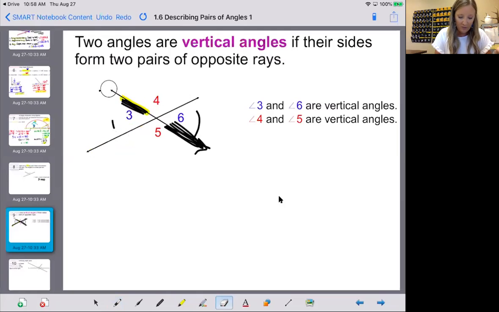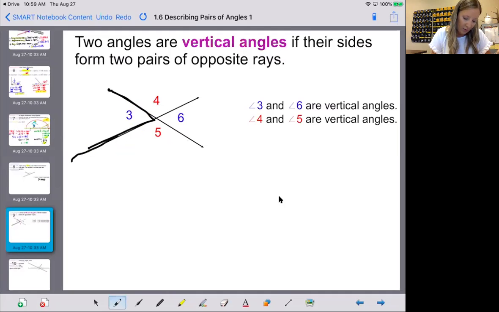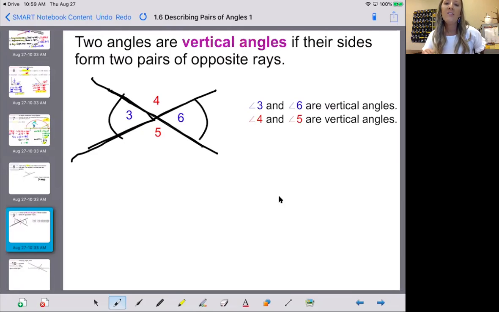On vertical angles, so like angle 3 and 6, if you trace out angle 3 and you just continue this line out and then continue the other line all the way out, you'll see that they actually form these angles on each side. So angle 3 and 6 are vertical. And then likewise, the top and bottom, 4 and 5 are also vertical.